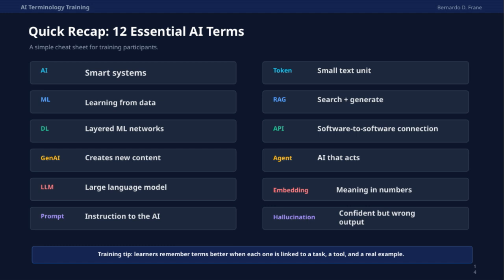Instruction to the AI, or a prompt, is what guides the system to produce the desired response. The large language model, or LLM, is the backbone of many AI applications, capable of understanding and generating human-like text. Creates new content refers to Gen AI, which generates text, images, or other media.